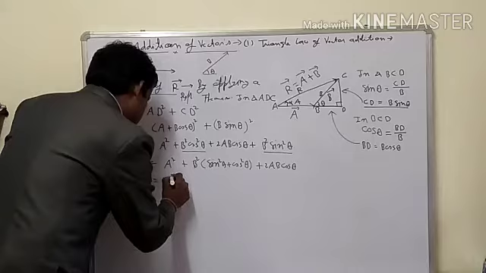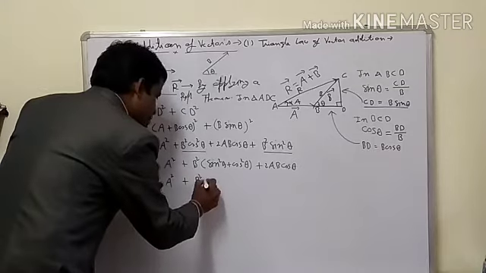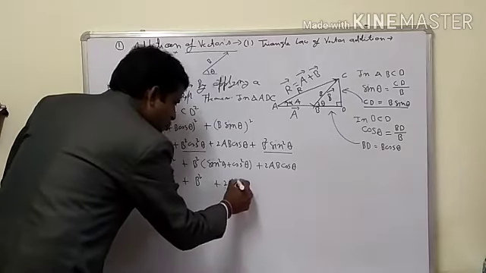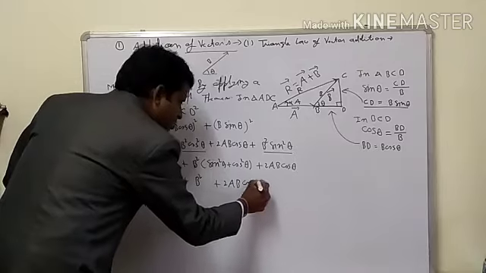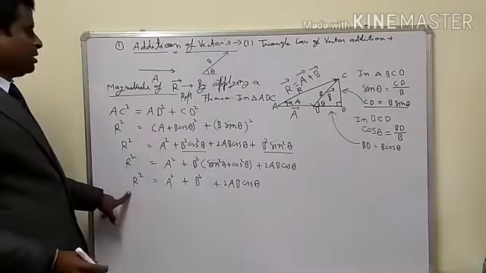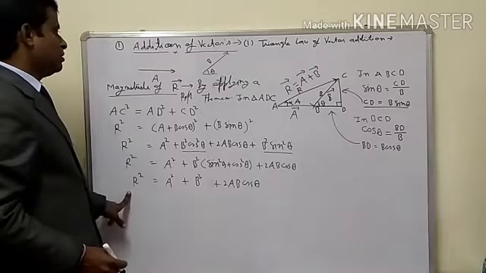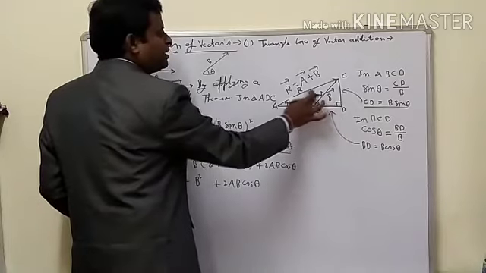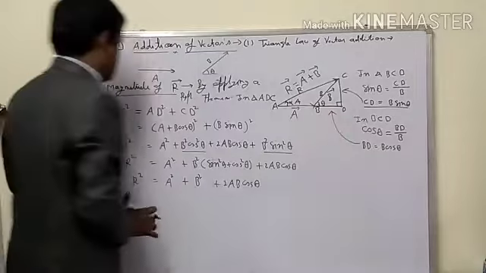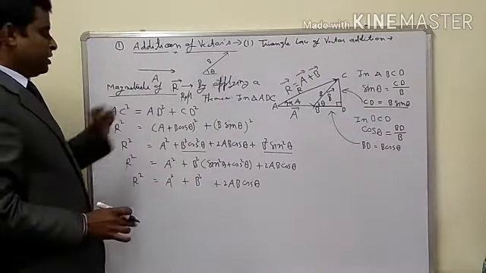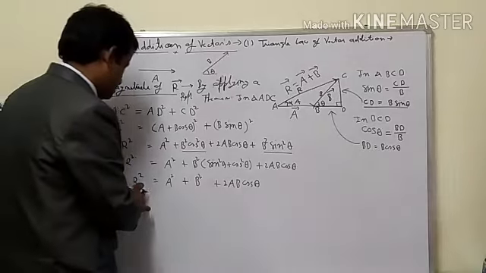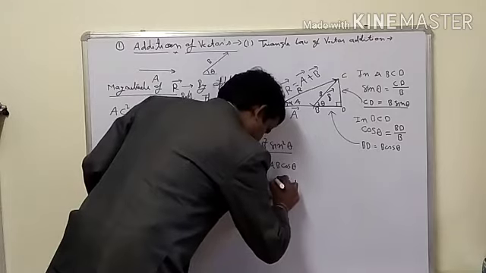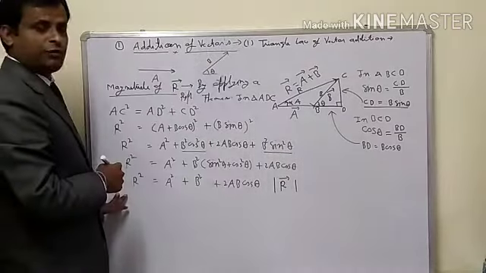R square equals A square plus B square into 1, means B square, plus 2AB cos theta. See, so this is the relation among the magnitude of vector A, the magnitude of vector B, and the magnitude of vector R in terms of theta, which is called the magnitude of the resultant vector R. So if you want to find the magnitude of R, then you will write modulus of R vector.